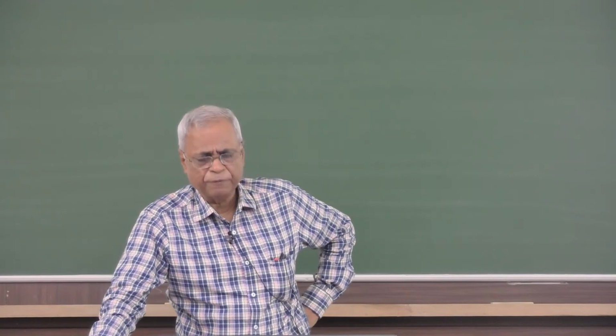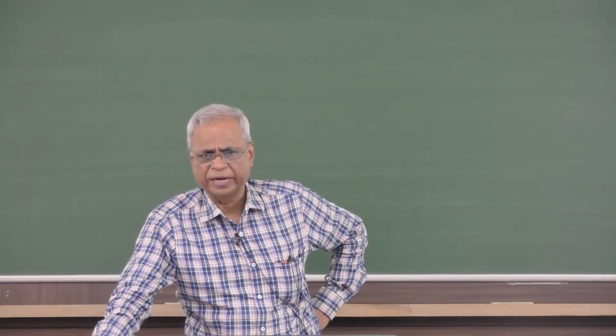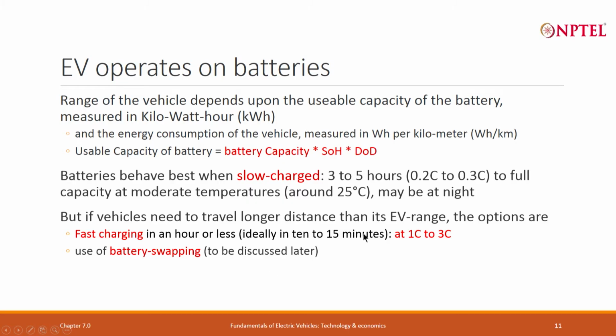So, if the vehicle does not give you enough range and you need to travel more than its range, one option is of course fast charging, another is battery swapping. We have introduced this in detail, and we will talk more about it later today.